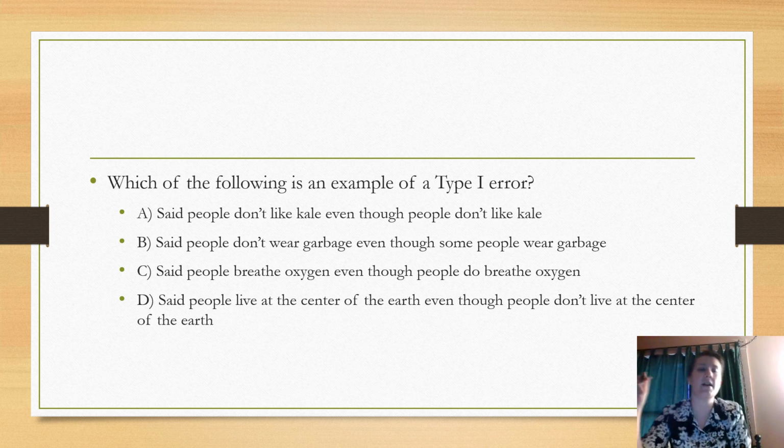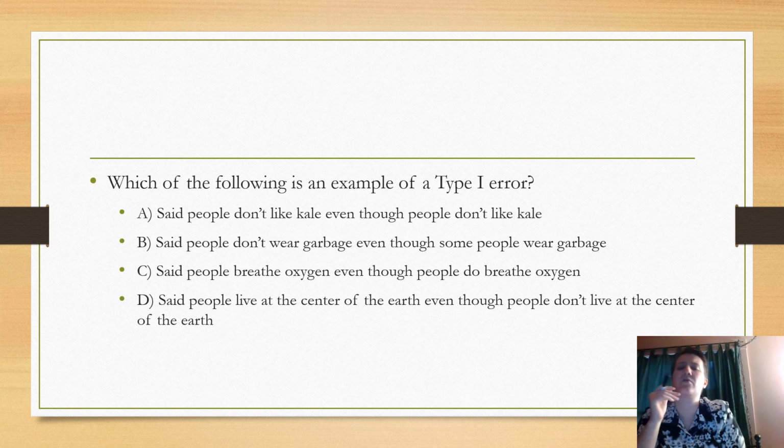So with a type 1 error, you're saying that there is a difference when there actually is none. You're rejecting a true null hypothesis. So if you're thinking that people live at the center of the earth, even though people don't, versus people don't wear garbage even though they do. When you say there is a relationship when there actually isn't, that would be D. Type 1 error is there is a relationship when there actually is none.